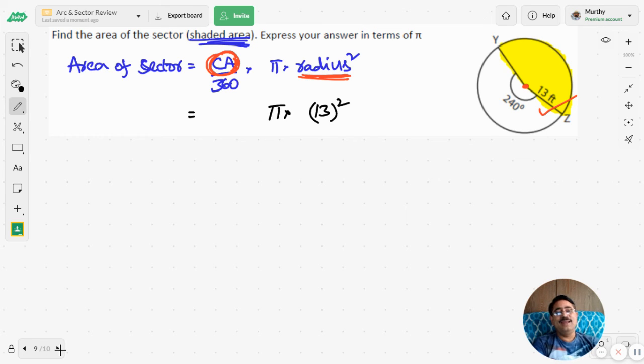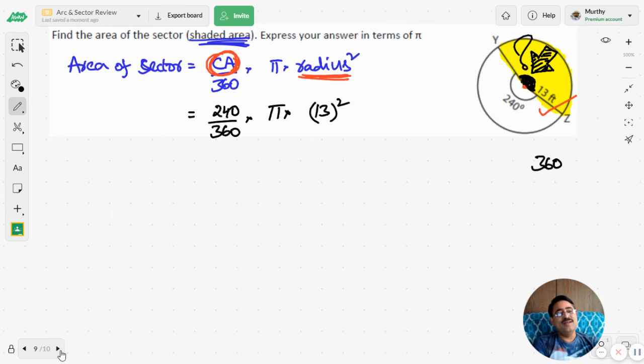What is the central angle? Is it 240 degrees or not? Actually, no. Because when the other part is shaded, remember that this angle is missing here. You know that the total angle in a circle is 360 degrees.